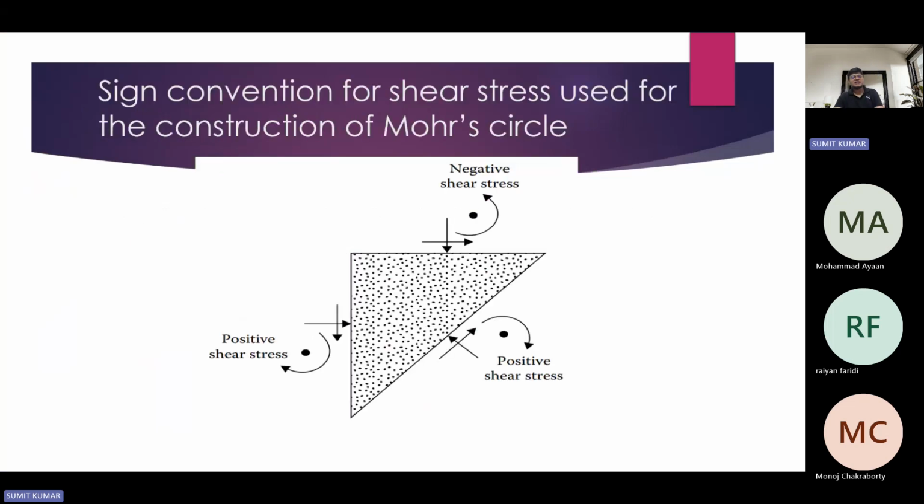Now you can see over here the sign convention is shown, in which, in the horizontal plane, the anti-clockwise direction is assumed to be positive for the shear stress, while in the vertical plane the clockwise direction is the positive shear stress direction, and the negative shear stress direction is also mentioned.